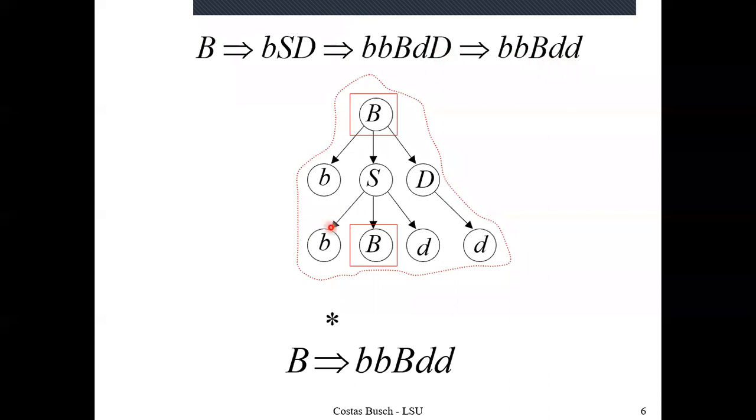So the yielding from this middle subtree is that the variable B derives the sentential form B square B D square, which is also apparent from the structure of the subtree, that the variable B is giving us terminal b, variable B, and then D square. So that was about the yielding of the middle subtree.